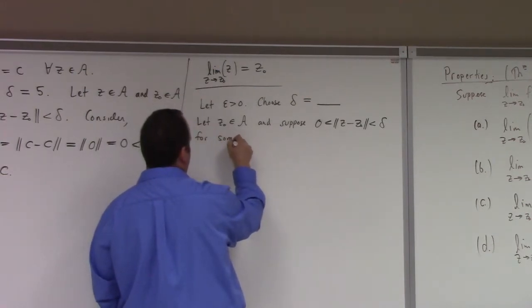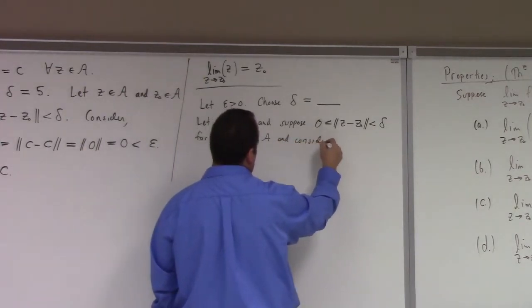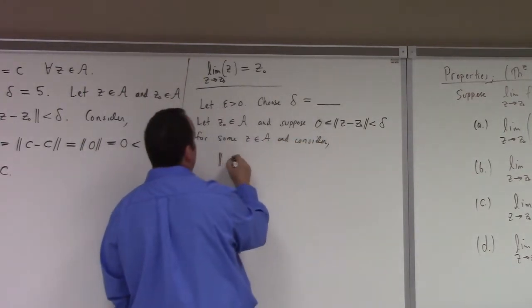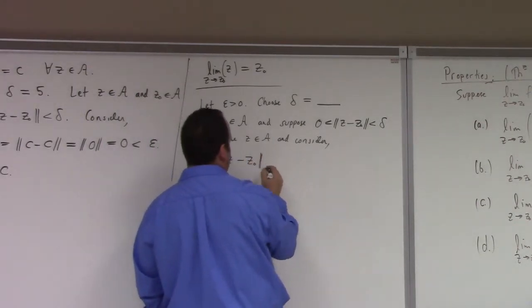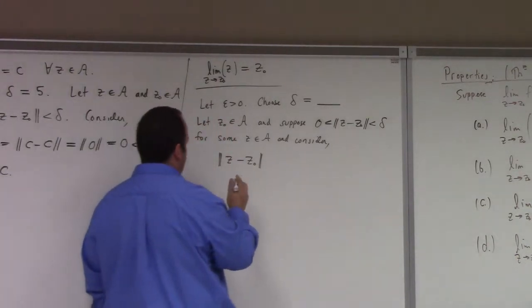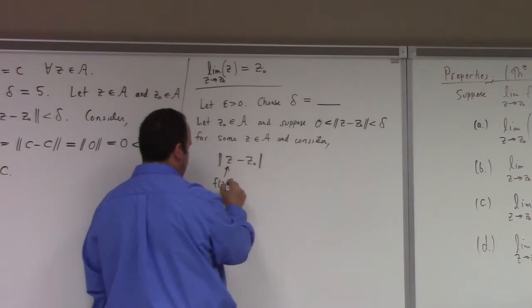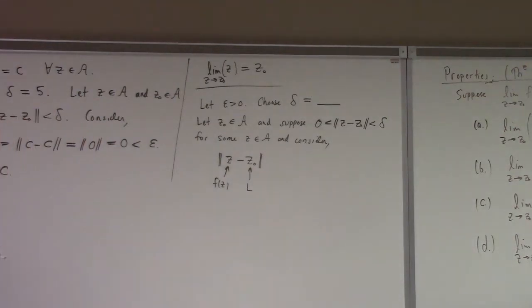And consider the norm of z minus z naught. Let me emphasize that this is playing the role of f of z, and this is playing the role of L from my definition. We're thinking of the function f of z equal to z, the so-called identity function on the complexes, and the limiting value being z naught.